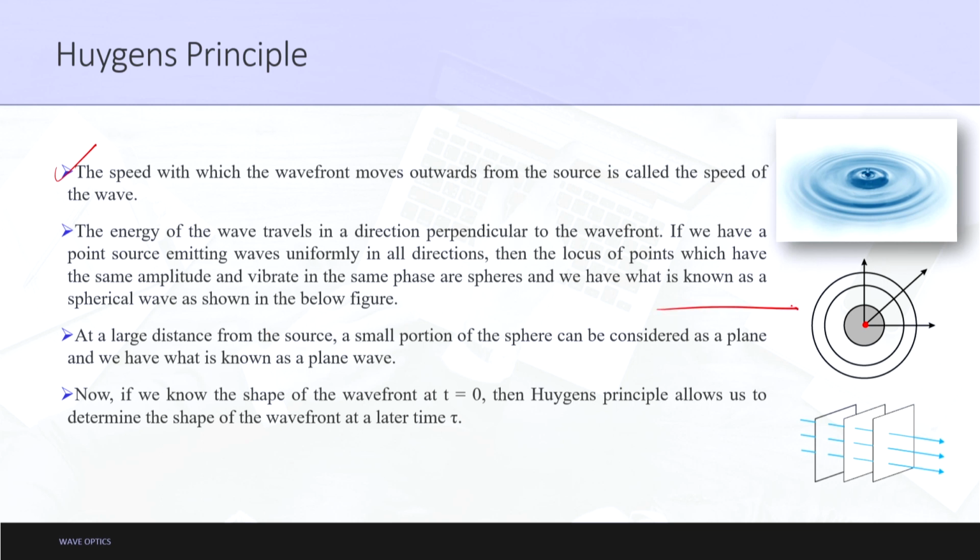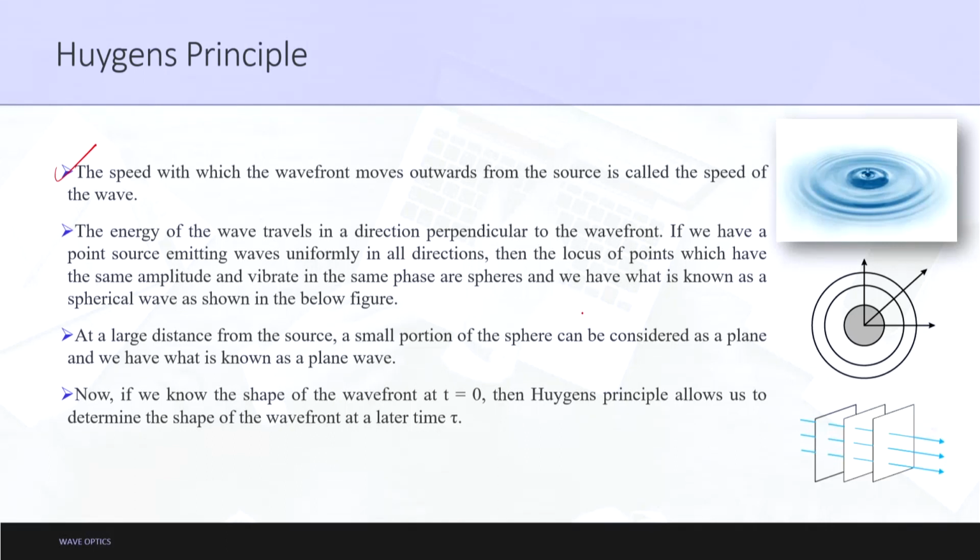Everything moving uniformly in all directions at a given radius will have the same amplitude, and the oscillation will be in phase. The periphery of that sphere is nothing but a wavefront.